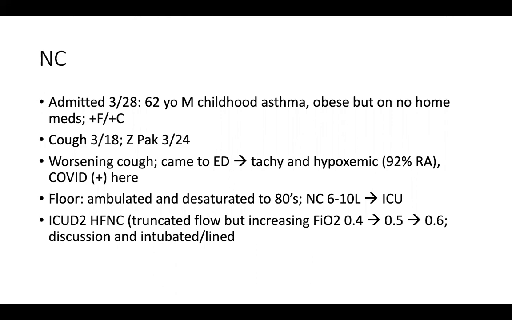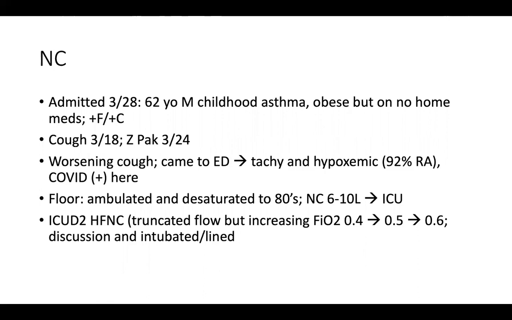pretty rocky road initially in the middle of March. He had some fevers and chills, was given a Z-Pack, and continued to worsen, so that by day 7 or 8 of his illness he came to the ED tachypneic, hypoxemic on room air, and was found to be COVID-19 positive, as was his wife. When he was ambulating, he desaturated, got on a significant amount of nasal oxygen, and went to the ICU.